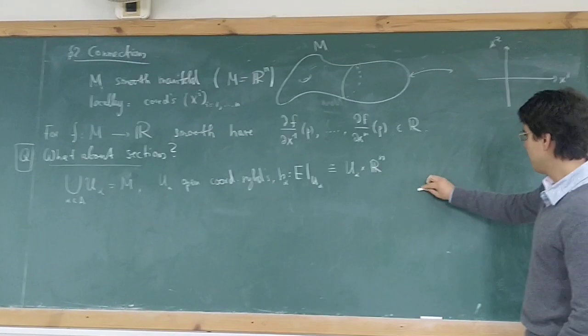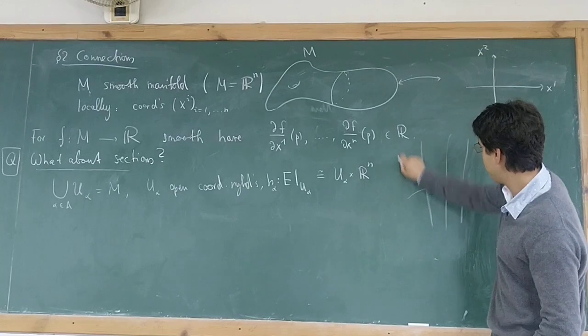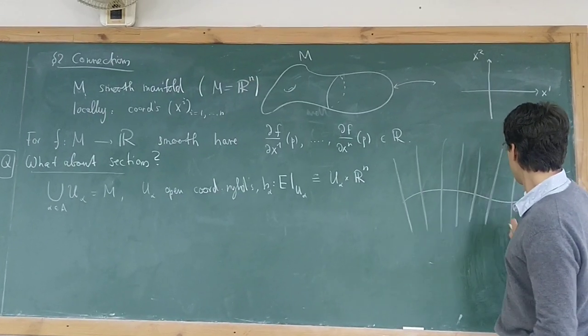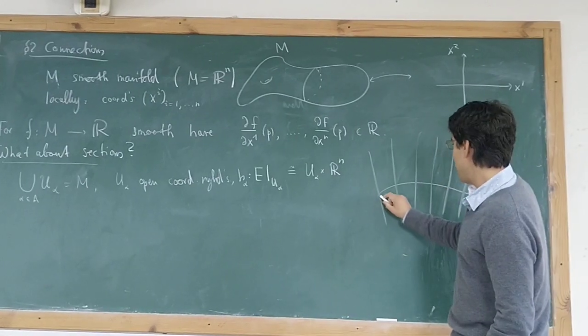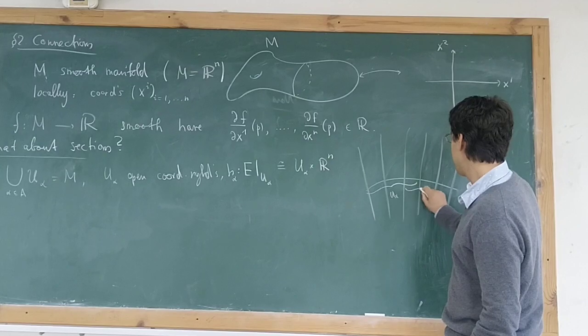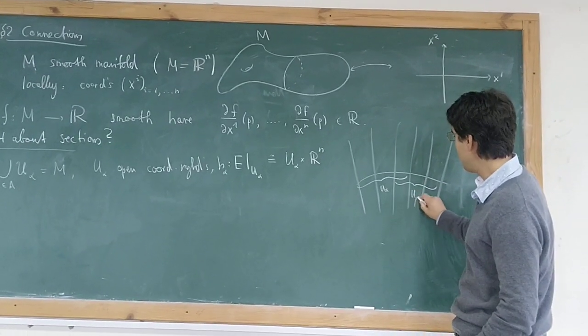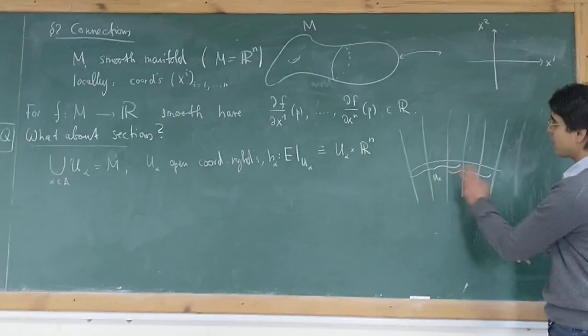The idea is that now maybe we have a vector bundle, with, so maybe this is U alpha, and this part would be U beta. This is an open covering of M, so we have some intersection here sometimes.